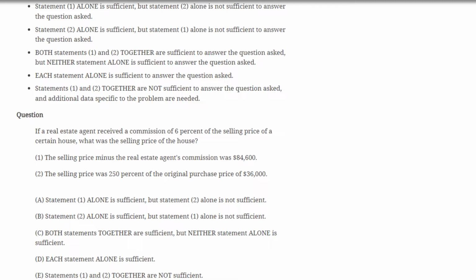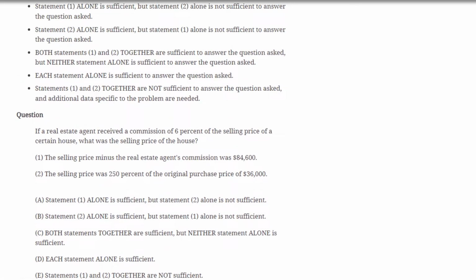D says that each of these statements separately is sufficient, and E says that neither 1 nor 2 nor both of them together are sufficient, okay? So it means that you need extra information, and even these two together are not enough.